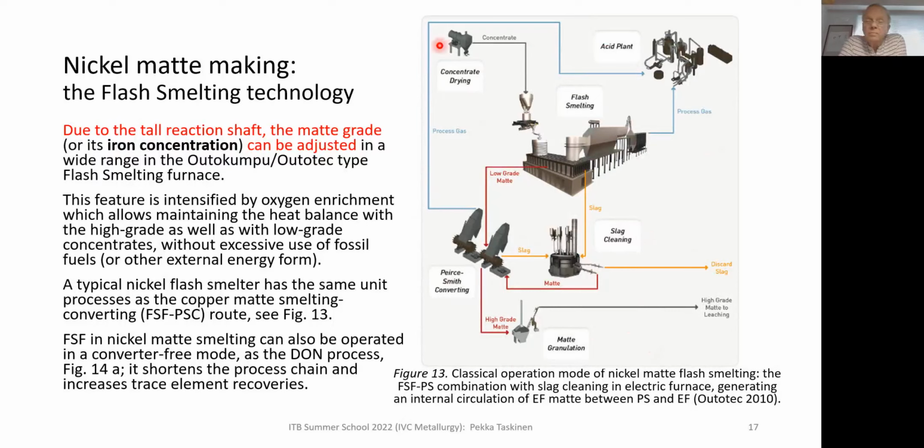So we have concentrate mixing and preparation, drying, feed regulation and concentrate burners, flash melting furnace, and then a big gas drain for off-gases and treatment of flue dusts.